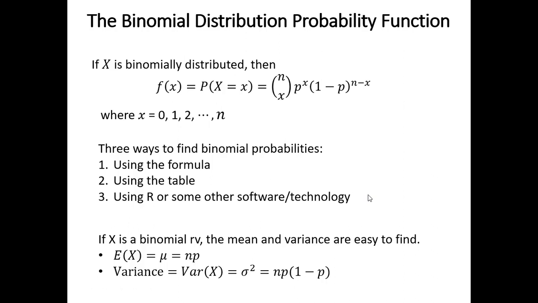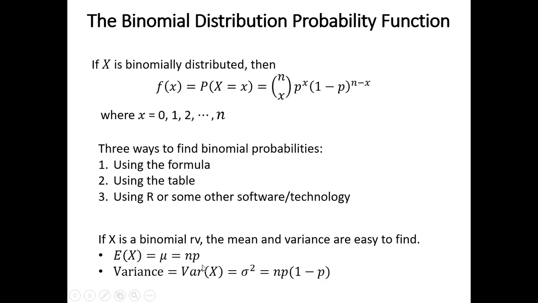One last item I'll mention here about binomial random variables is it's very easy to calculate the mean and the variance. You don't have to use some of those formulas that we just talked about when your random variable is binomial. If it's binomial, the mean is just n times p.